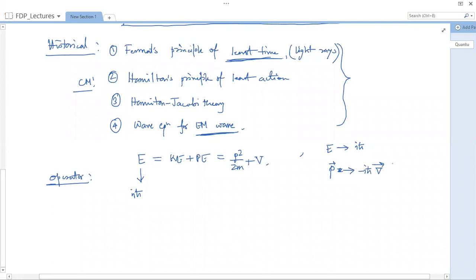So what is an operator? First of all, if I replace this with i h bar, an operator must act on something. So an operator must act on a function.